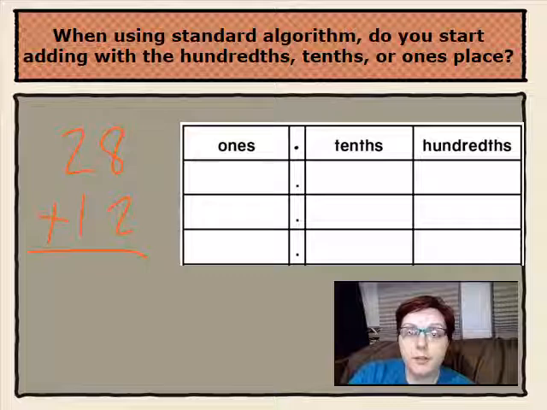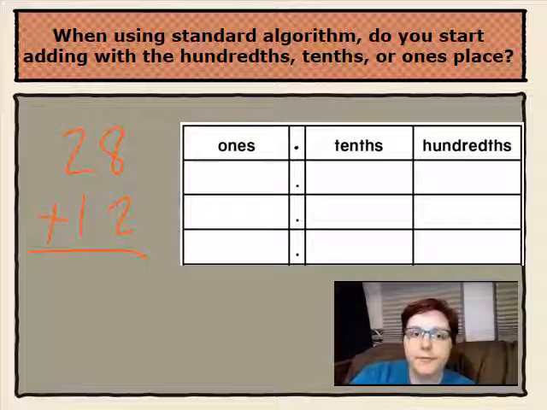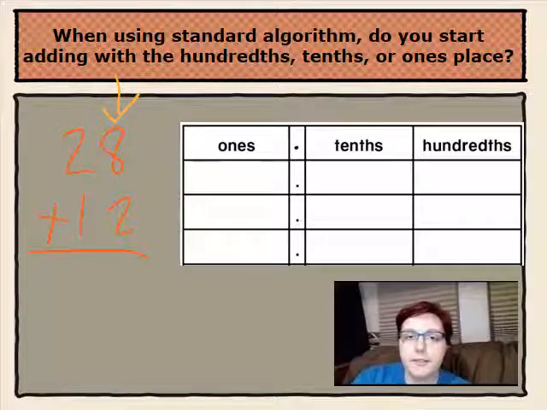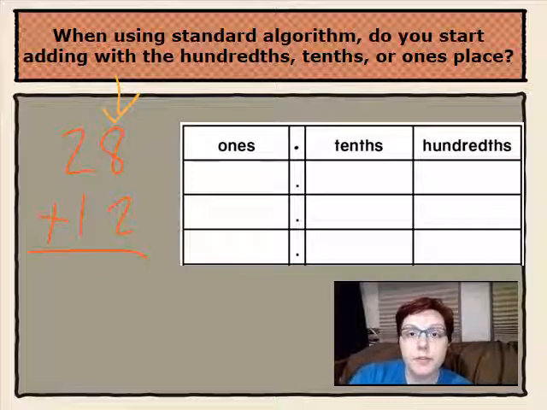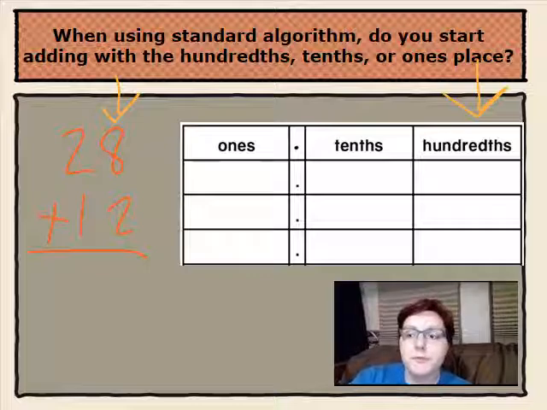Which one would you add first, the ones or the tens? That's right. We would start adding with the ones place because we're taught that the place value to the farthest right is the one you start off adding with. The same goes for when you have decimals. You add with the hundredths place.